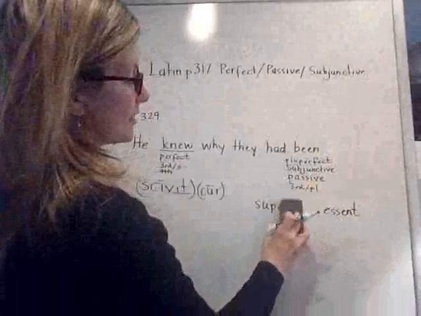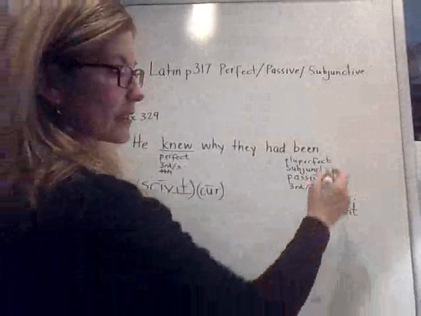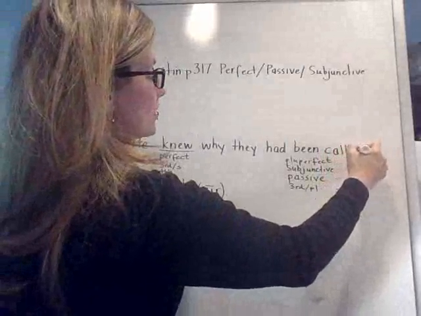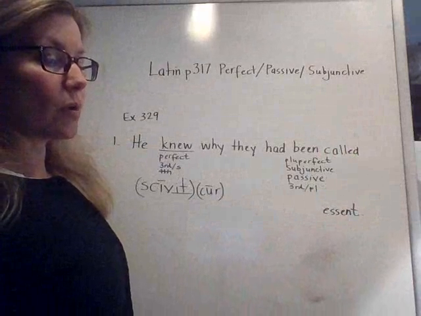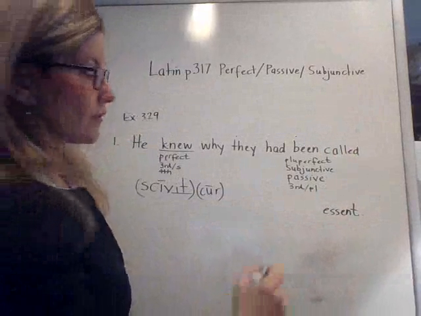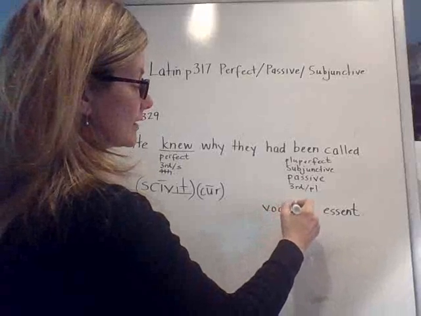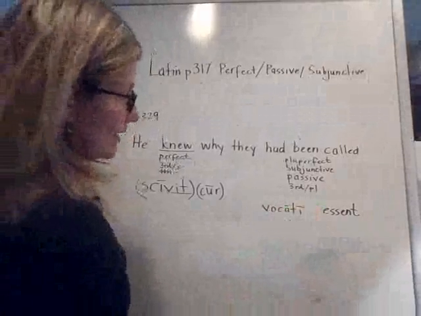I'm going to leave the essent there because they're all going to have essent. The next one is called. They had been called. Well, you know, it's voco, vocare, vocavi, vocatus. It's a first conjugation verb, so vocat is the stem. Vocati essent.